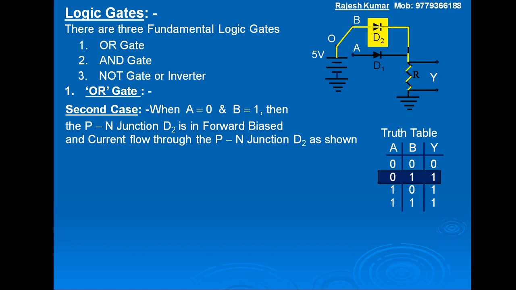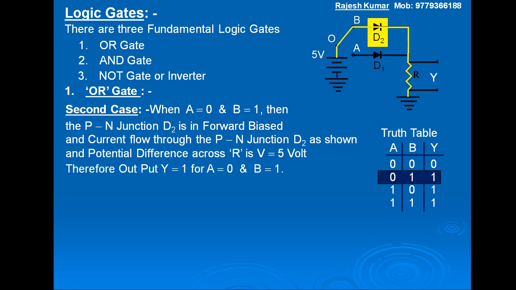Current is flowing from point O to B and B to resistance R, and the potential difference across resistance R is V equal to 5 volt, or we can say it is at high potential. Therefore, output Y is equal to 1 for A equal to 0 and B equal to 1.